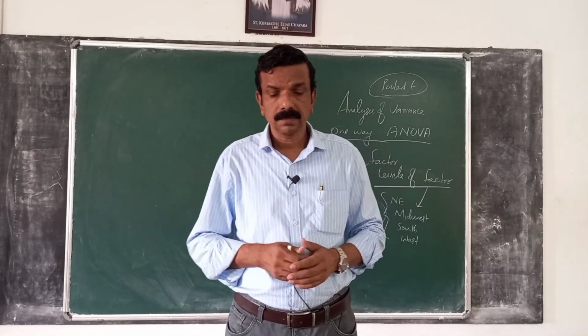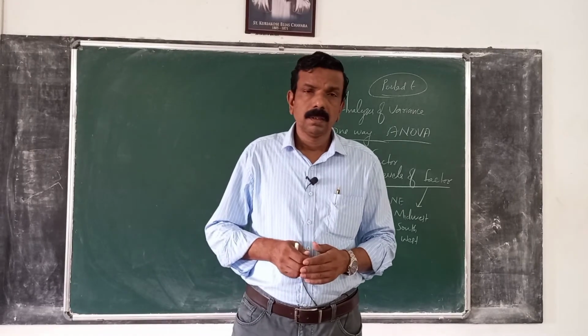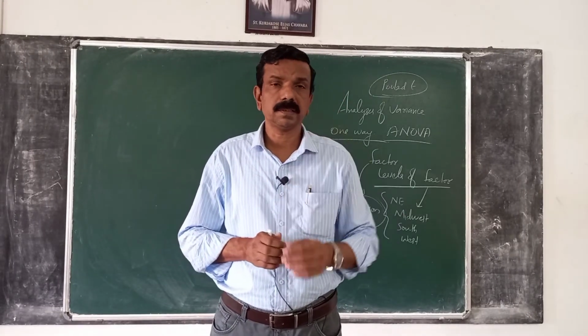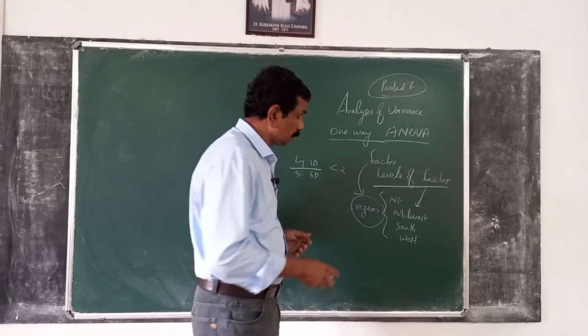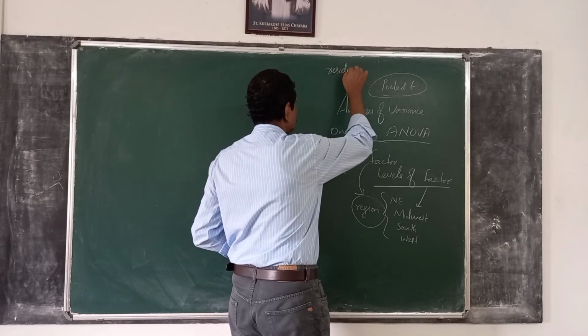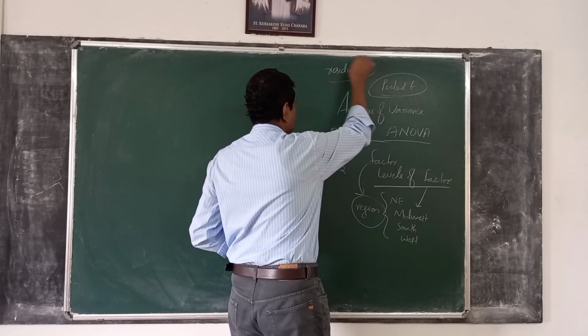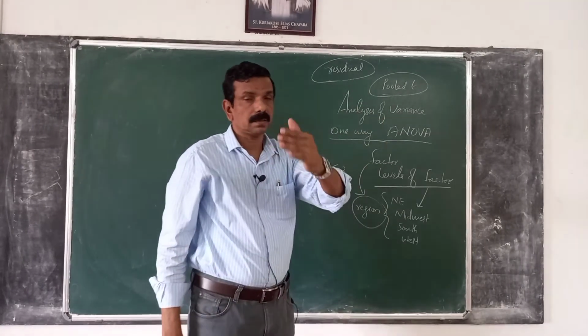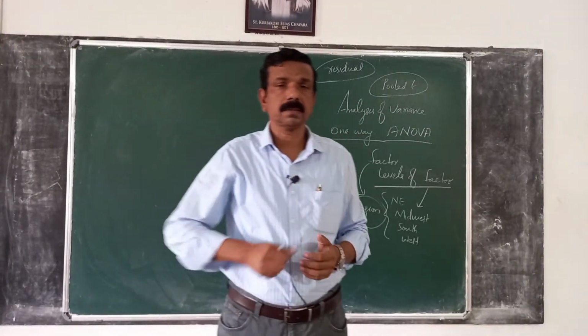In addition, we can test the normality assumption by using what is known as residual analysis. Residual analysis is used in the regression context also, which we will see later.